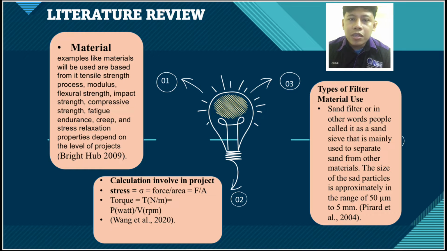A sand filter, or in other words, what people call a sand sieve, is mainly used to separate sand from other materials. The size of the sand particle is approximately in the range between 50 micrometer to 5 millimeter.